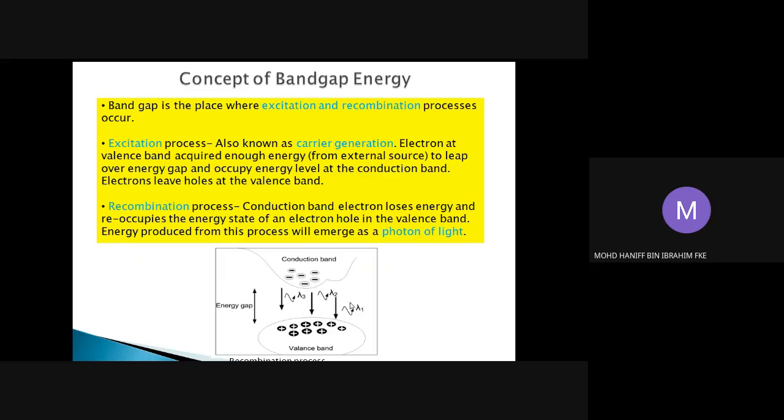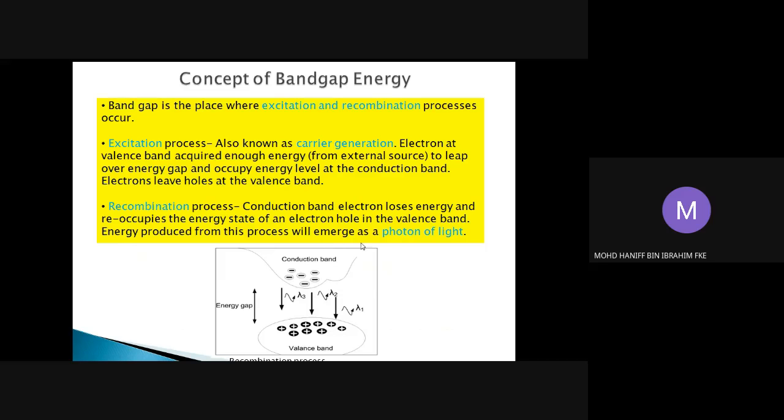As I put it in this diagram, the electron in the conduction band got there from the excitation process. In the recombination process, the electron goes down to the valence band, and the movement from the conduction band to the valence band produces energy.